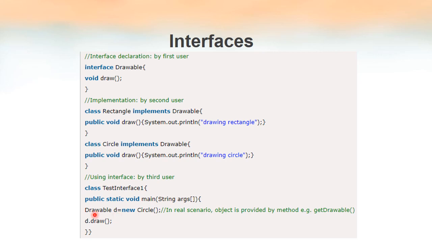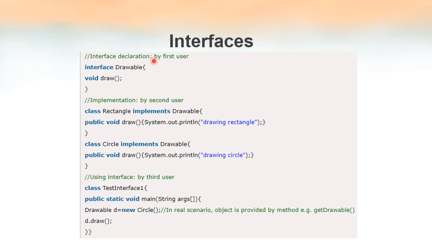Here d cannot be called an object, it's actually a variable of the interface Drawable, and this variable is now referring to the object of class Circle. And then see, we are calling the method d.draw. So it is done by another user.